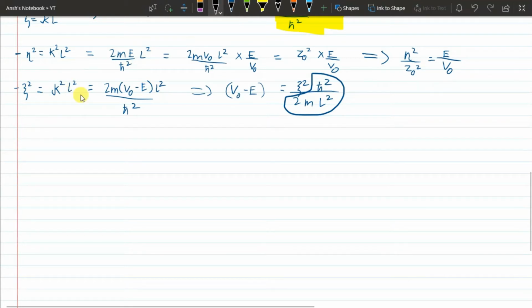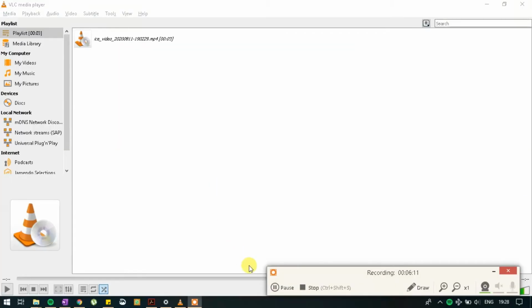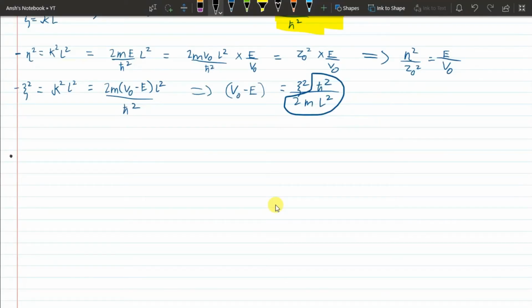Now we'll actually see how these wave functions look like. So let's solve for constants, let's say.